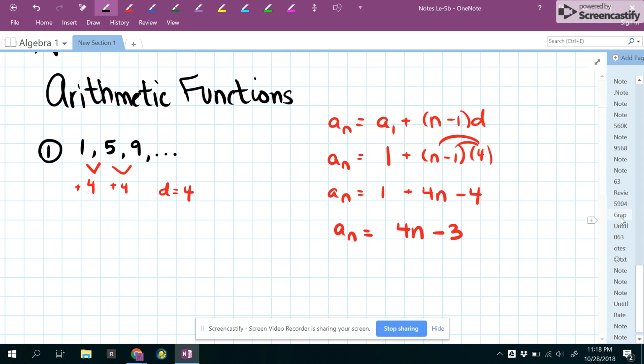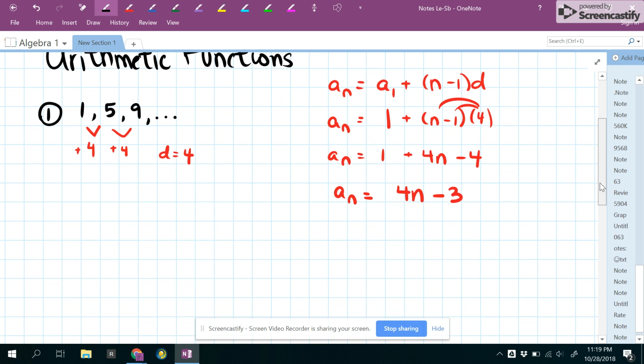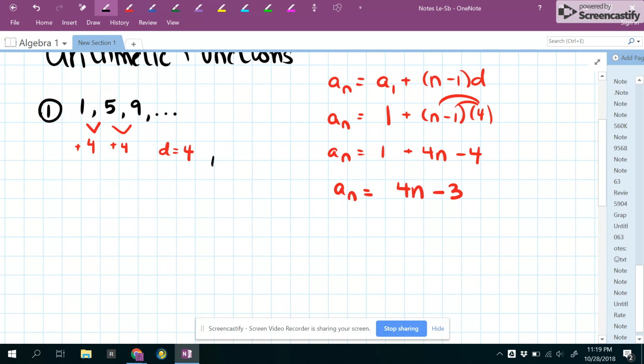So our first number is 1. Our second number is 5. Our third number is 9.